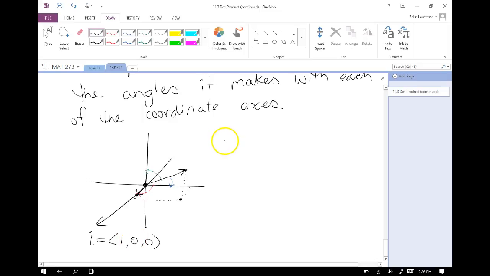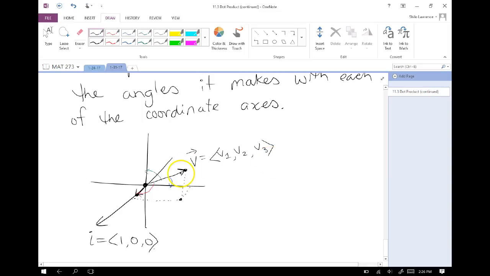So I really could take this vector, which has components v1, v2, v3, and to find the angle with the x-axis, I can dot it with the i vector. That would give me the angle between those two vectors. 100 is on the x-axis, and then v1, v2, v3 is the vector I'm interested in finding the angle for.